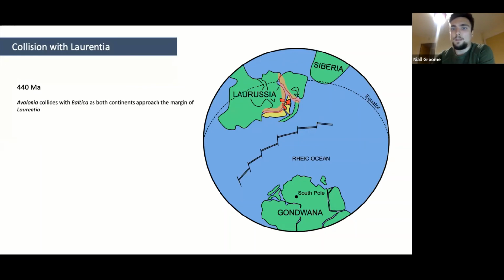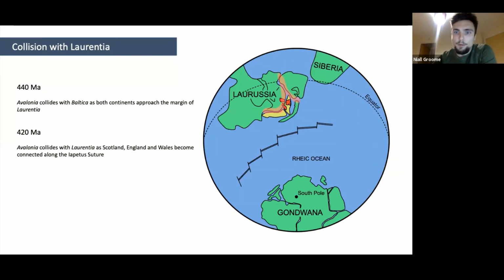And there's not too much evidence of that from the aspect of the UK. But moving forward, Avalonia, with Baltica even, then collides with Laurentia. And this is the moment where we have the binding of Scotland, England, and Wales, and Ireland as well.